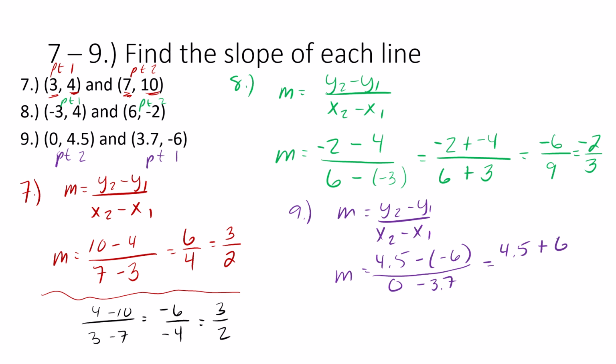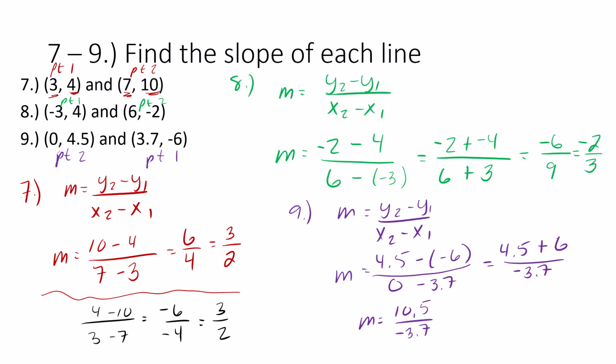The opposite of -6 is 6. And 0 minus 3.7 is -3.7. So we have 10.5 divided by -3.7. And I would probably recommend grabbing a calculator at this point.